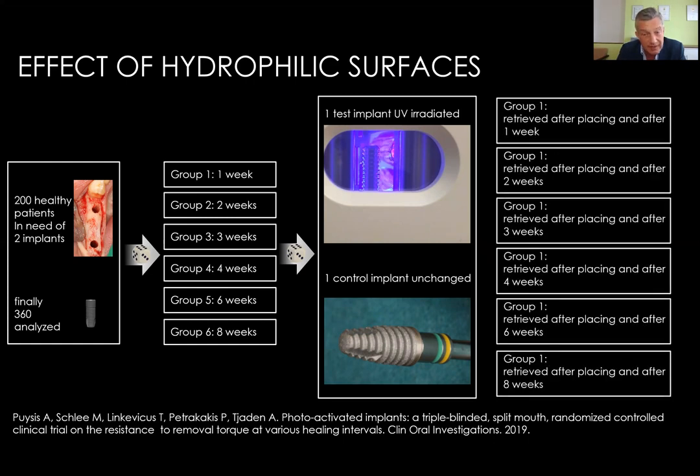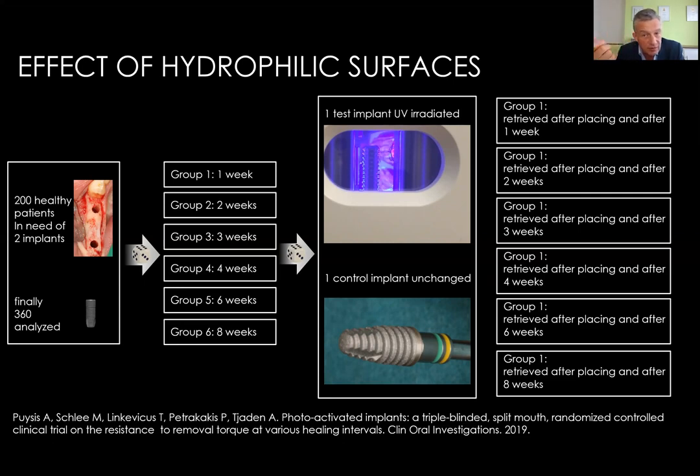Then we placed the implants and retrieved them immediately and assessed the force which was necessary to retrieve them. And interestingly, we saw a difference immediately after placing: more force was necessary to remove an irradiated, so a hydrophilic implant, compared to a non-hydrophilic one.